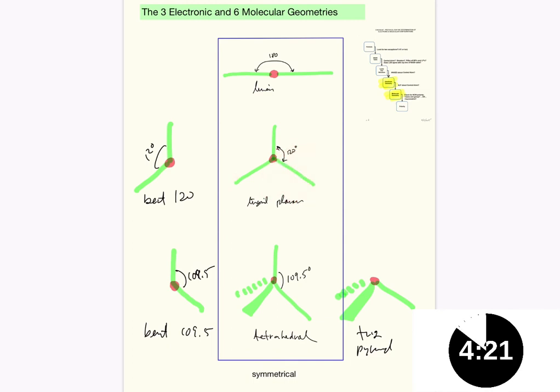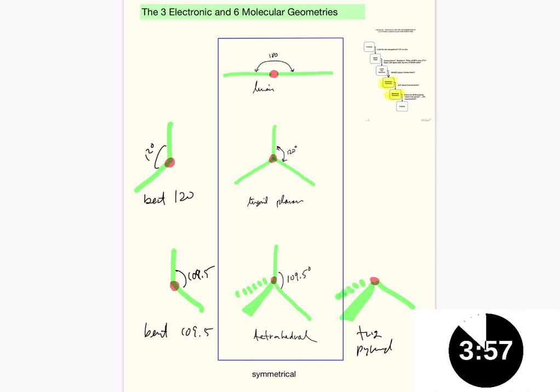And likewise with the tetrahedral, you can take one arm off and you get this trigonal planar structure, or you can take 2 arms off and you can see you get the bent structure. So those are the 6 basic types of molecular geometry, and they come from the core 3 types of electronic geometries.